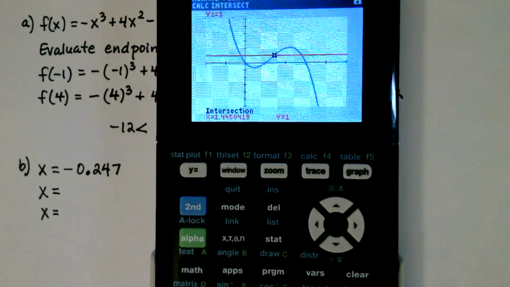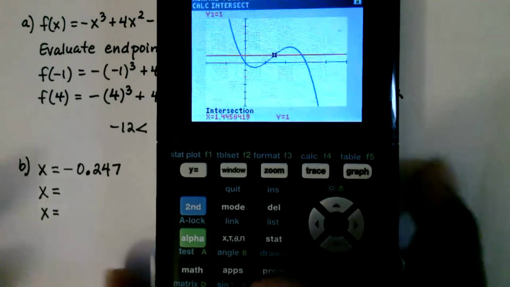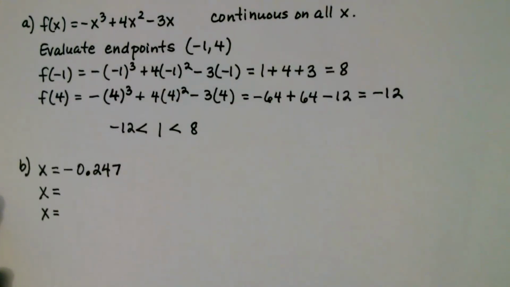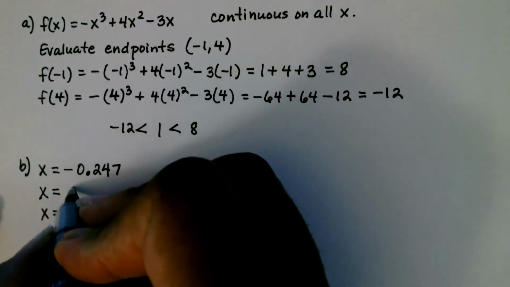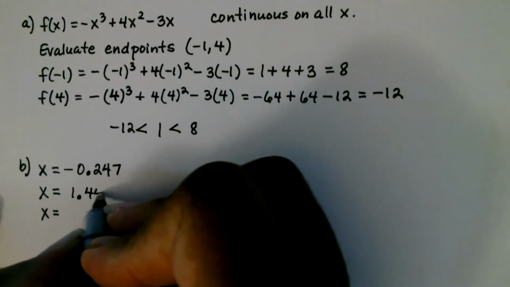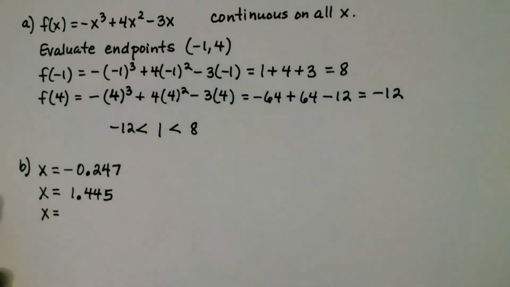And there will be my other point of intersection here. That would be 1.4450419. Again, to 3 decimal places, that would be 1.445. Okay, so that's the second point of intersection, 1.445.